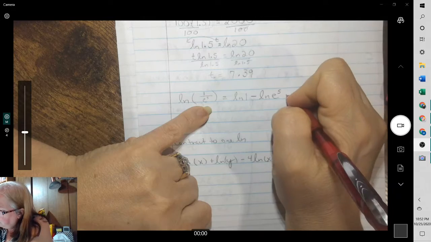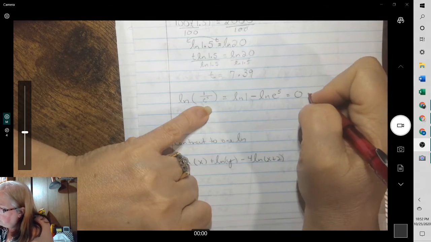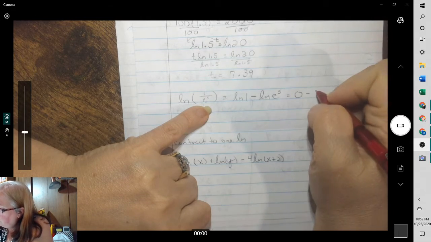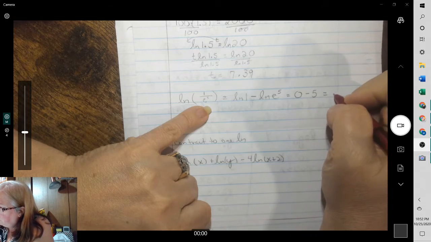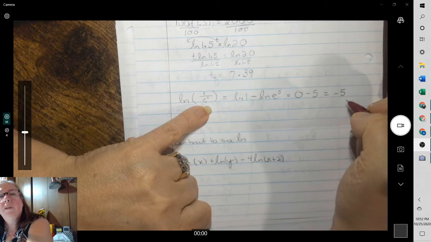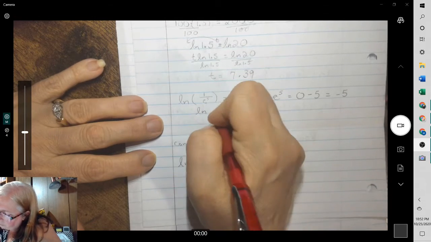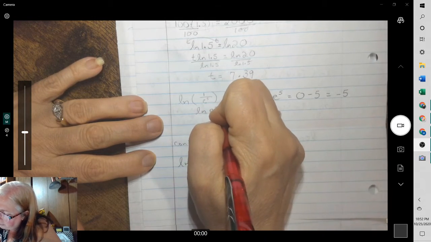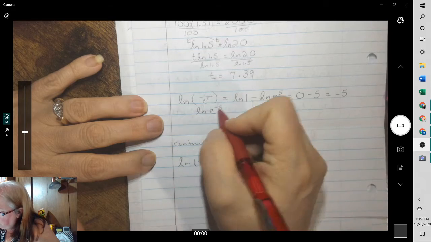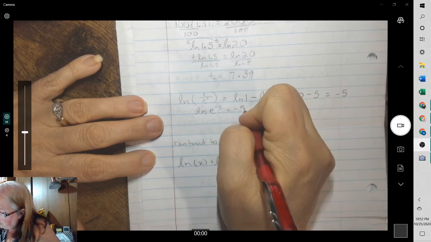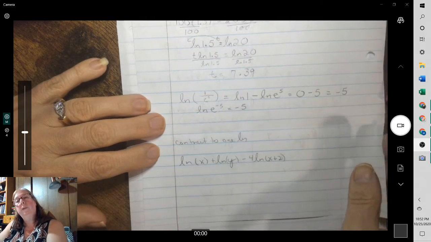The natural log of 1 is 0, minus, these are inverses and leave 5, which leaves us a negative 5. If we would have brought it up first, the natural log of e to the negative 5, and then remember these are inverses, so it still leaves a negative 5. Either way, same answer.